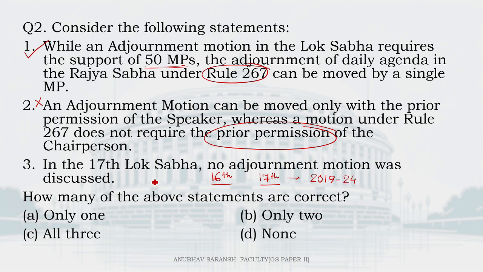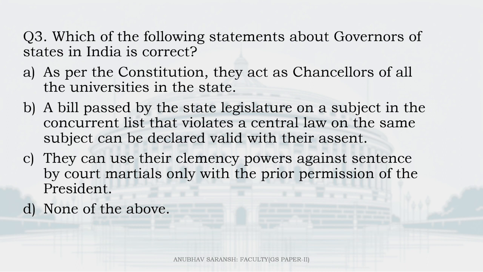The 16th Lok Sabha refers to the time frame 2014 to, of course, 2019. So 3 is correct. 1 and 3 are right. How many of the above statements are correct? B, only 2 are correct. Moving on to question number 3.